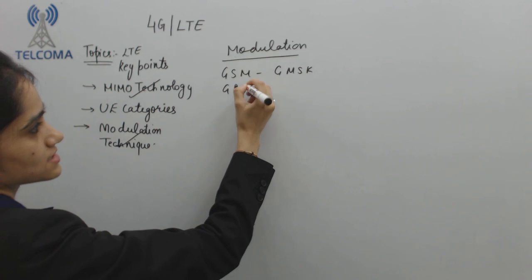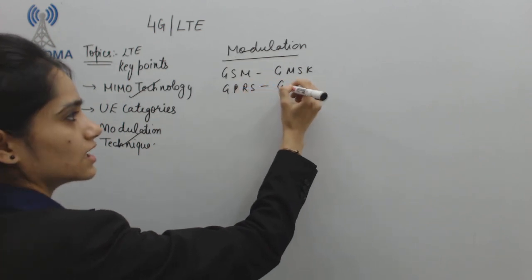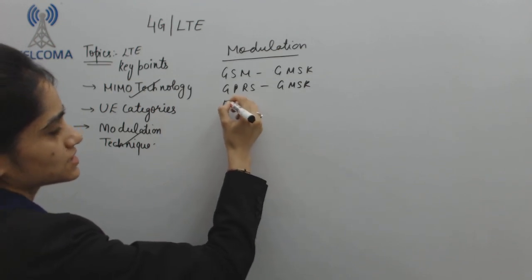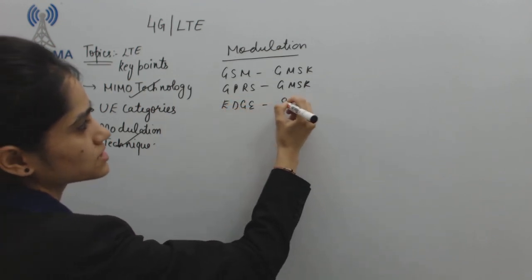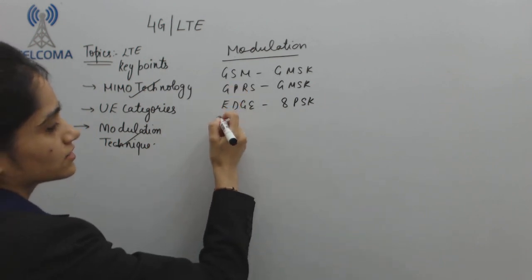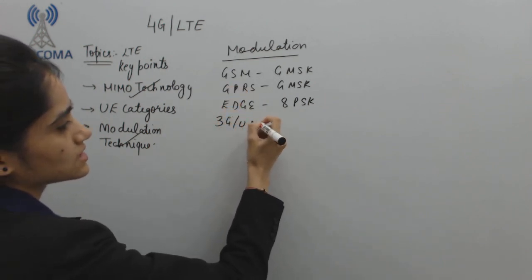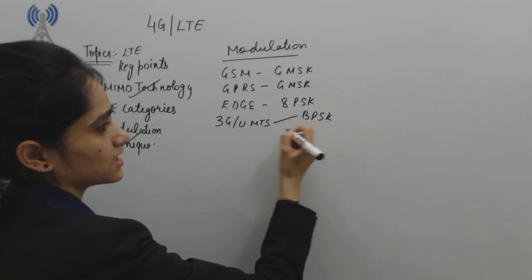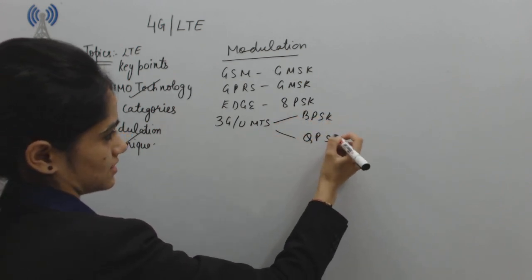For GPRS we are using the same GMSK modulation. For EDGE we are using 8 PSK modulation. Now for 3G or UMTS, the modulation used is BPSK and QPSK.